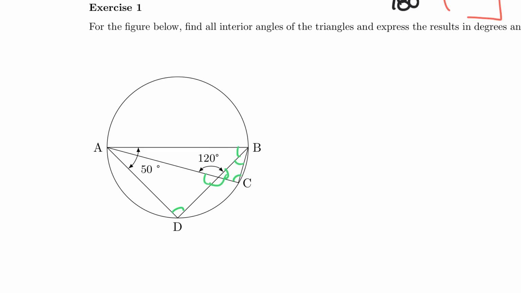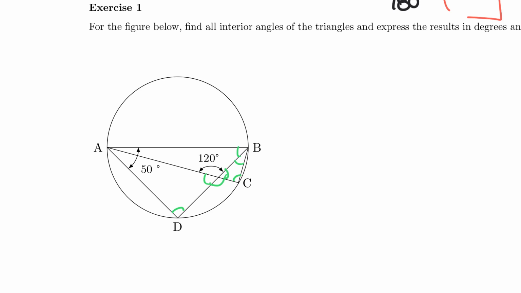Okay, so applying the concept that we learned at the beginning of this lecture, that inscribed angles that intersect the diameter of the circle form a 90-degree angle. And what is the diameter of this circle? AB. This is a diameter. So let's identify the angles that intersect the diameter.